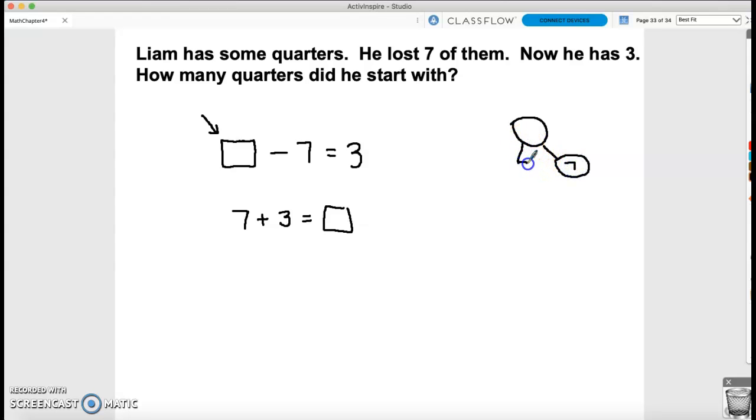And his other part would be the 3 that he still has. So I know that 7 and 3 is 10 in my number bond. So 10 minus 7 equals 3. So how many quarters did he start with? He started with 10 quarters. So that would be my answer.